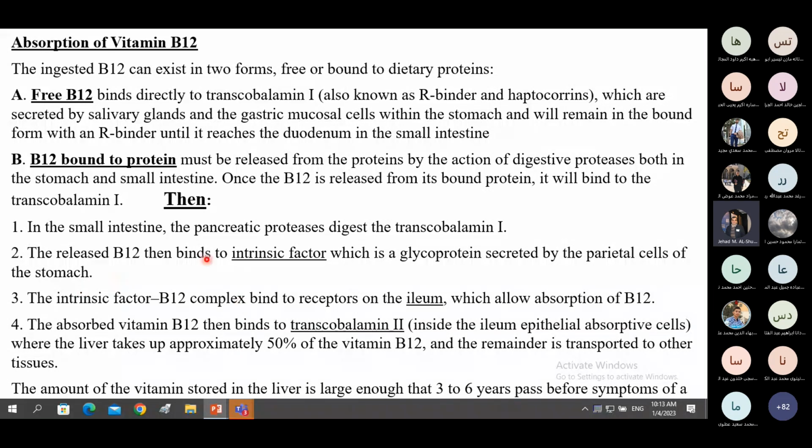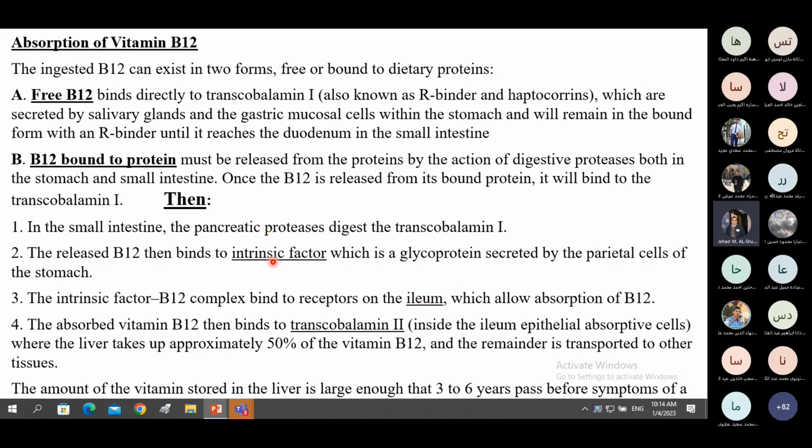So the intrinsic factor binds to B12, which is a glycoprotein, and this intrinsic factor binds to a receptor. The intrinsic factor binds to its receptor in the ileum. The ileum is one part of our small intestine.